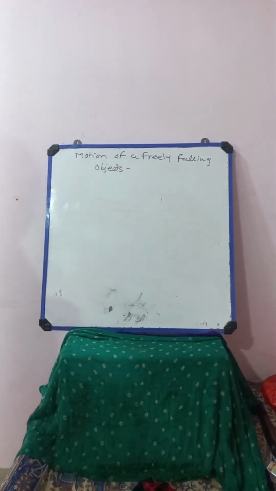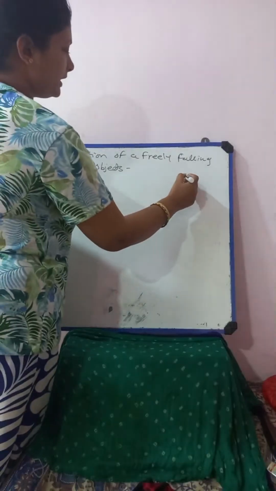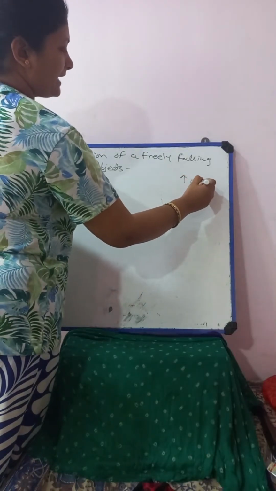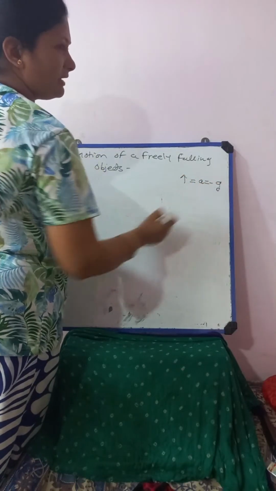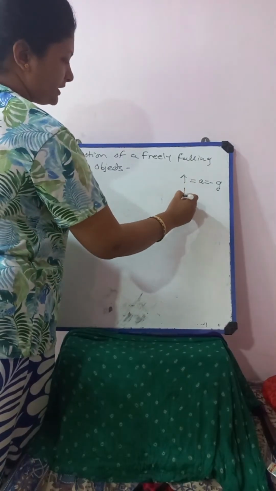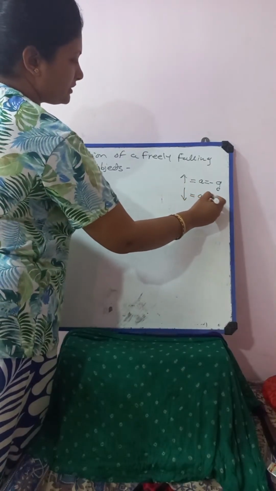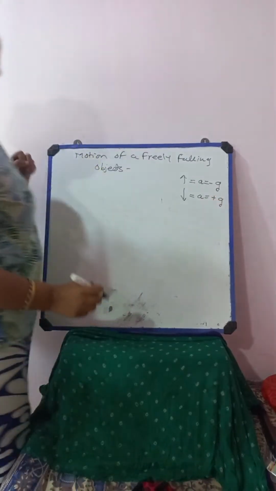So now here we have to discuss the free fall. What is a free fall, that we have to discuss. Always remember, if an object is going vertically upward, then that acceleration is replaced by minus g, and if the object is going downward, that acceleration is replaced by small g.